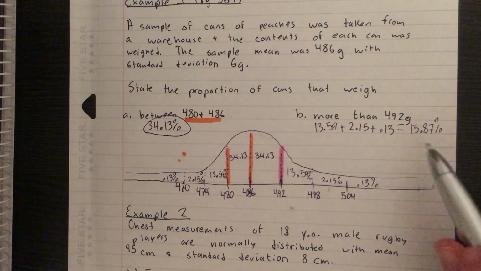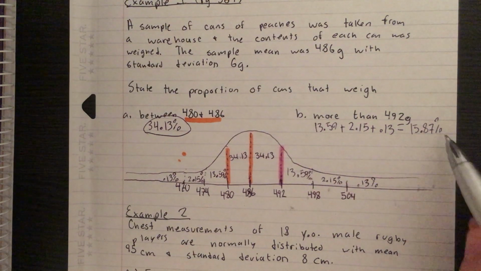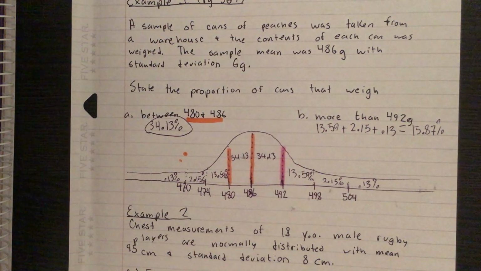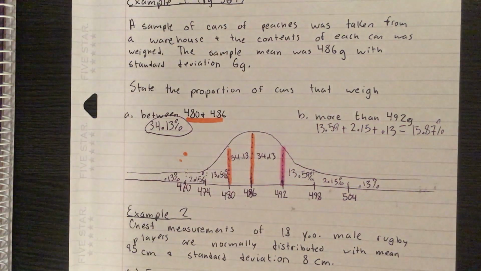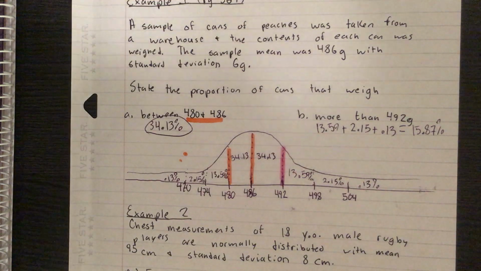So the probability that a can weighs more than 492 grams is going to be 15.87%, if we know that it is normally distributed. Then we can draw this curve and go from there.